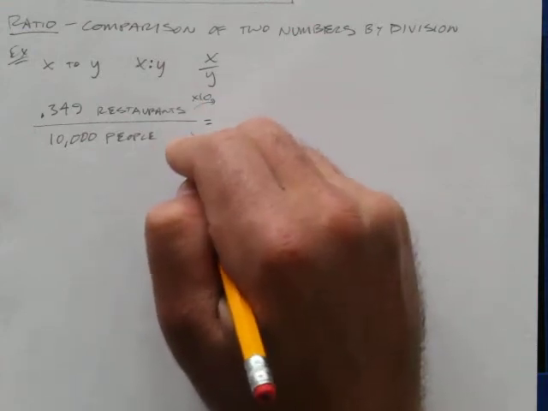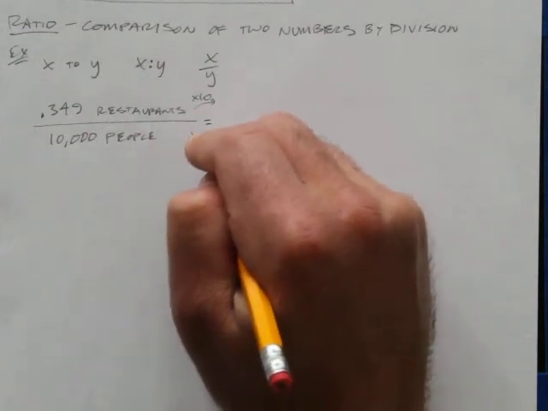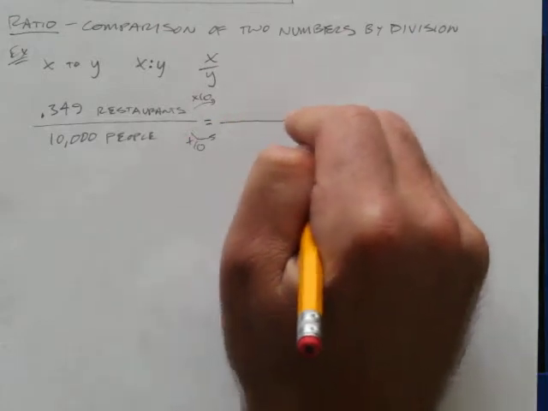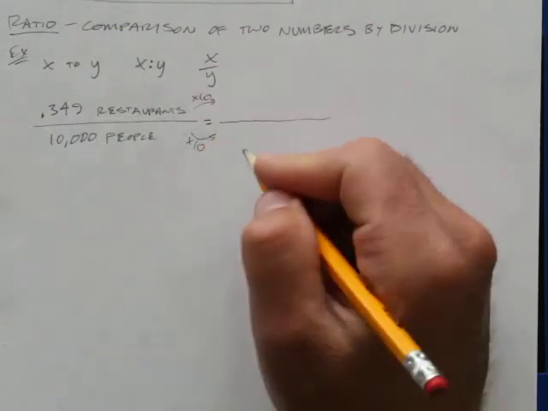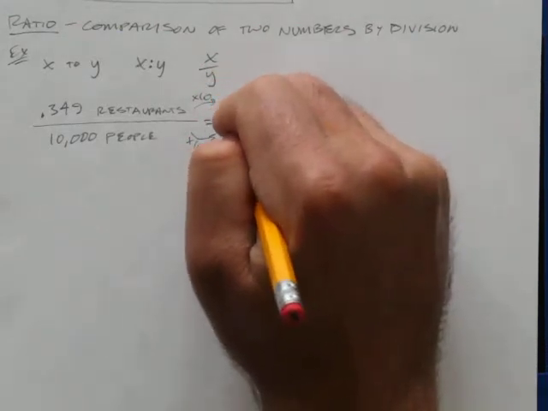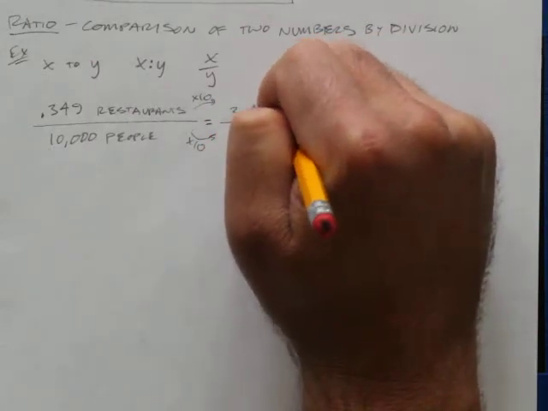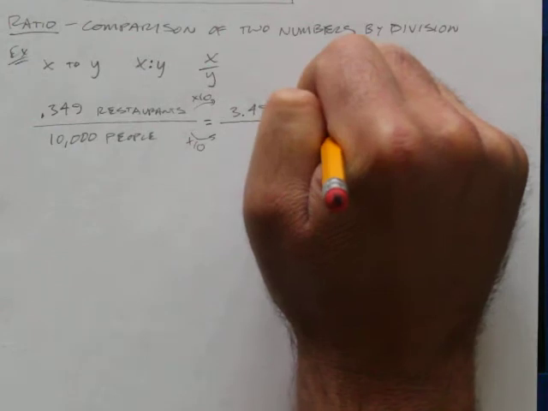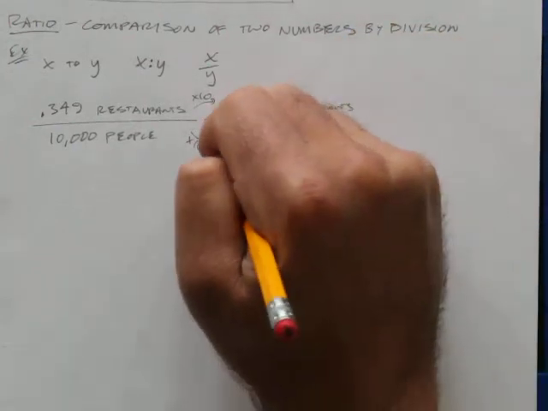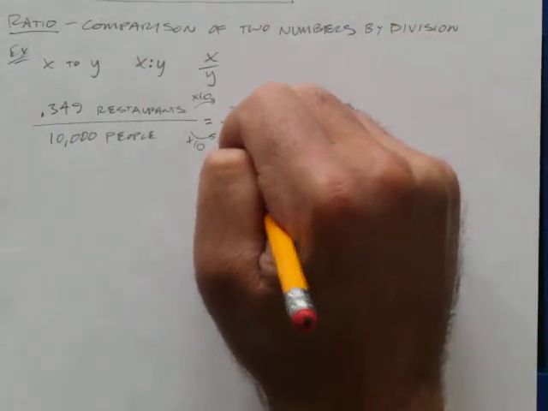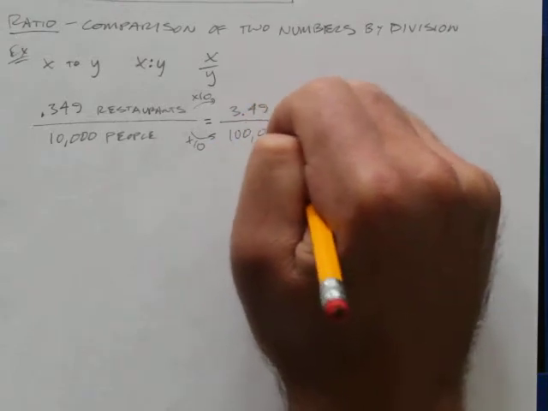So I'm going to multiply the top and the bottom each by 10. And notice how my equal sign is here. If I multiply each of these by 10, I get 3.49 restaurants to 100,000 people.